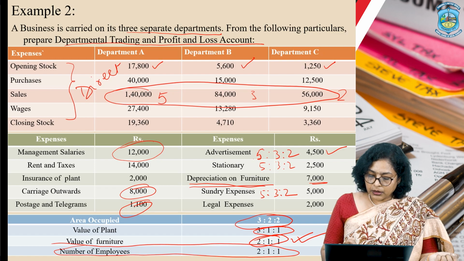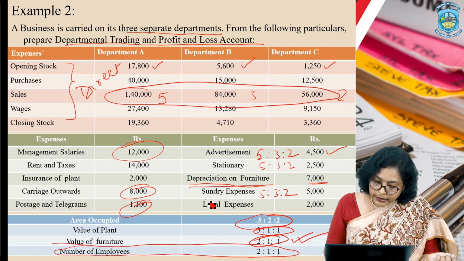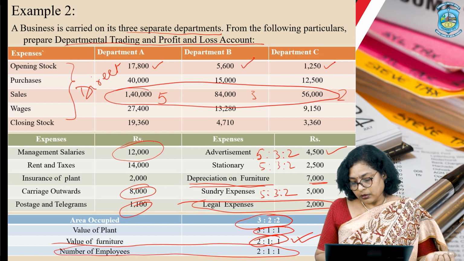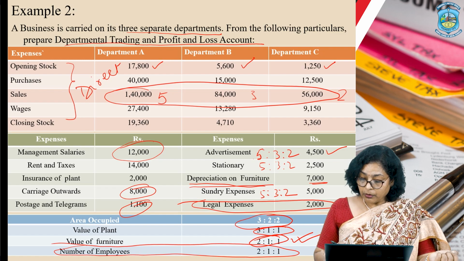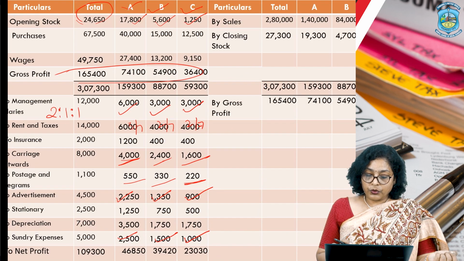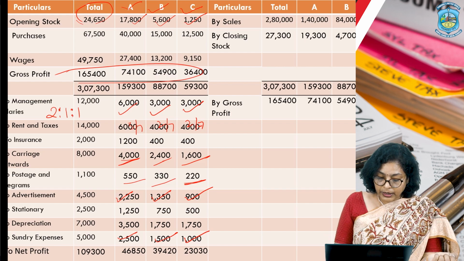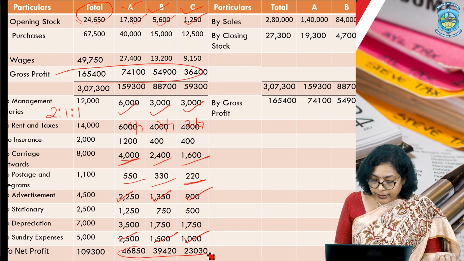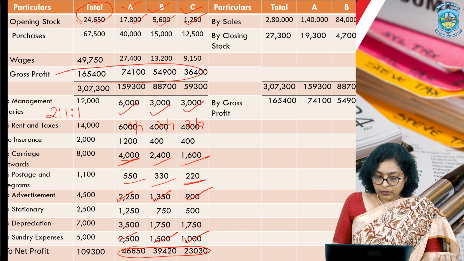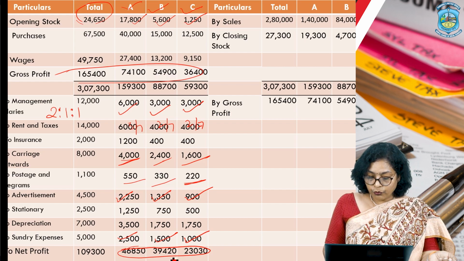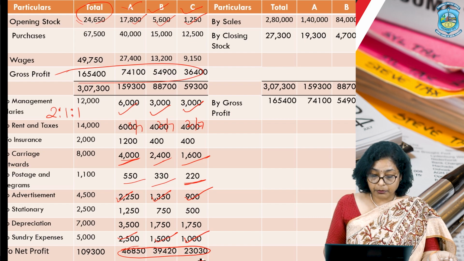After this, there is one more expense, that is legal expenses, and we know that this is an unallocated expense, so we will charge it to the general profit and loss account. So after preparing this trading and profit and loss account, we come to know the profits of the departments, that is 46,850 for A department, 39,420 for B department and 23,030 for C department.